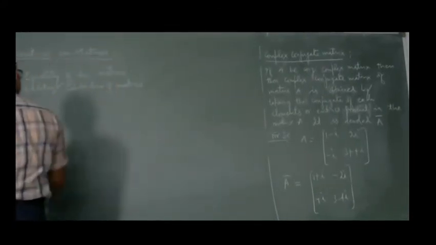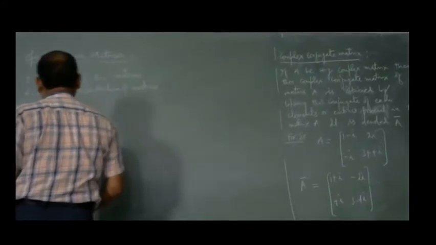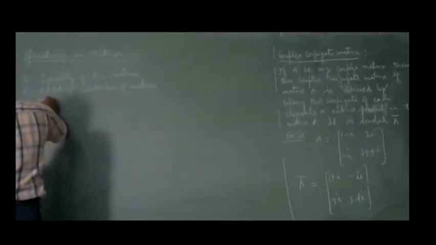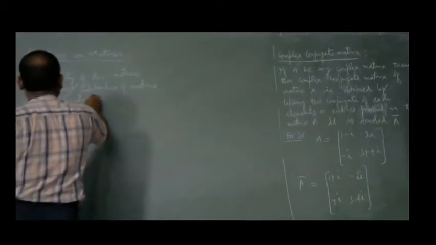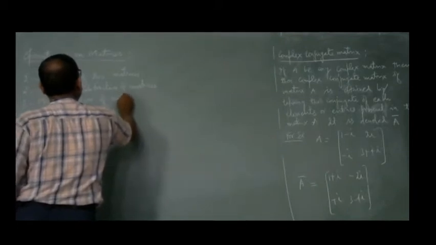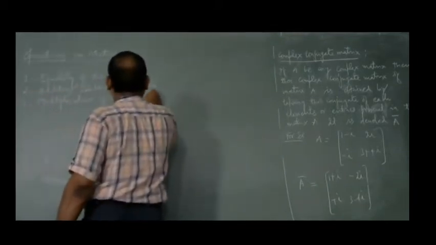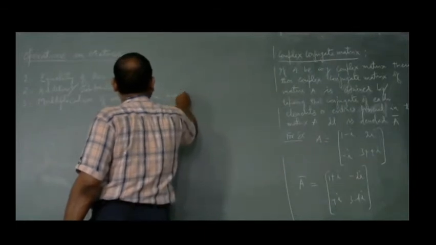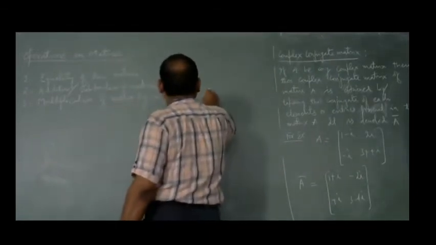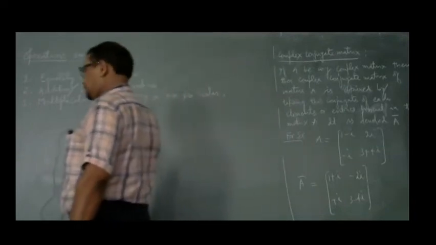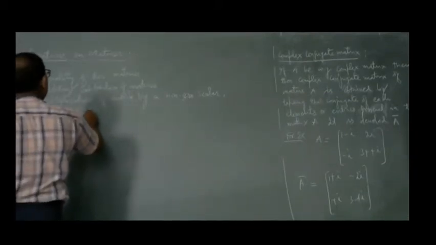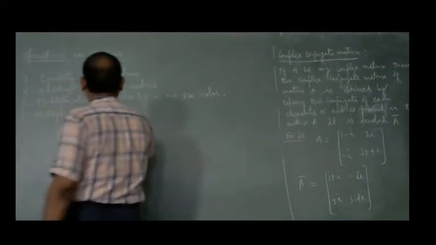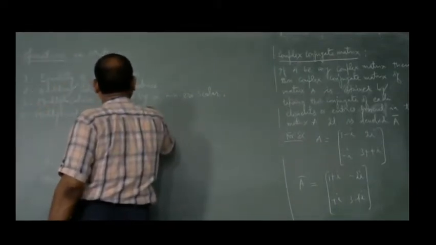Number three, multiplication of a matrix by a non-zero scalar. Fourth one is multiplication of two matrices.